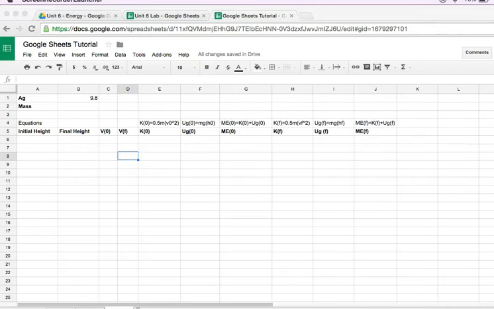I've also added in the equations at the top so you guys can just briefly look over it. Like I said, these are kinetic energy and potential energy initial. This is kinetic energy and potential energy final, all things that we already practiced. And then mechanical energy is just the addition of kinetic plus potential. Okay? So you guys should be good to go to get started, and good luck.